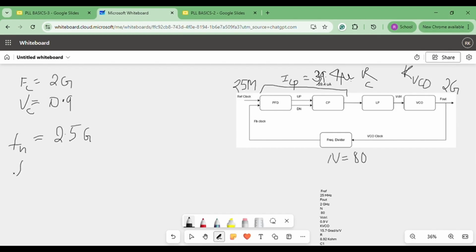Then FL will be 2 gigahertz minus 25% of 2 gigahertz, which will be somewhere around 1.5 giga. Then VH will be 0.9 plus 25%, which becomes 1.1. Then VL, the lower limit, will be 0.7.